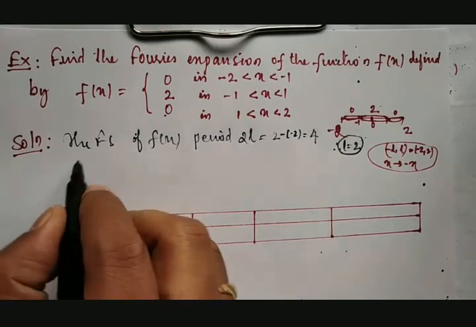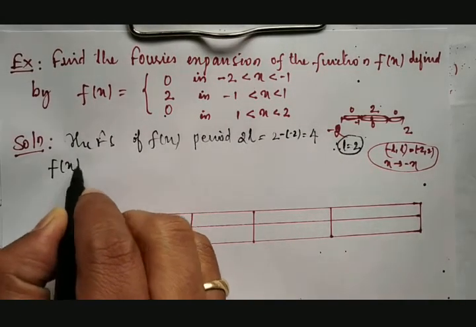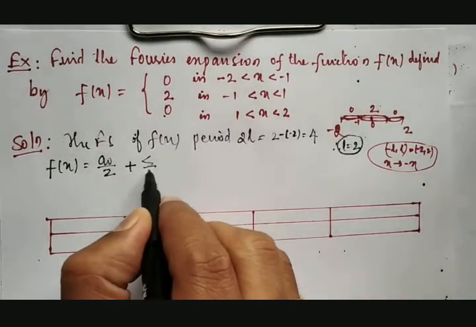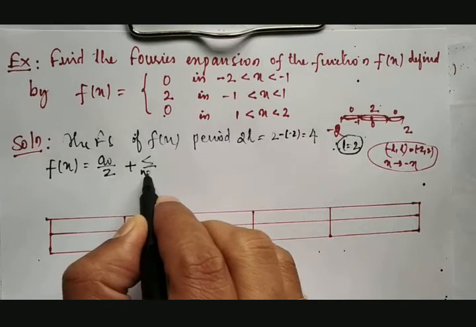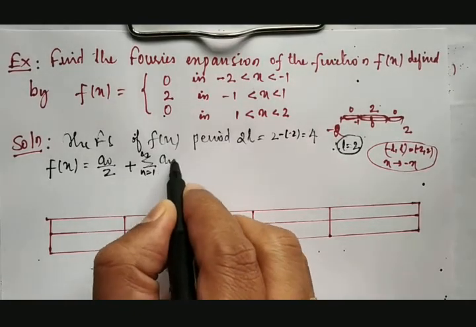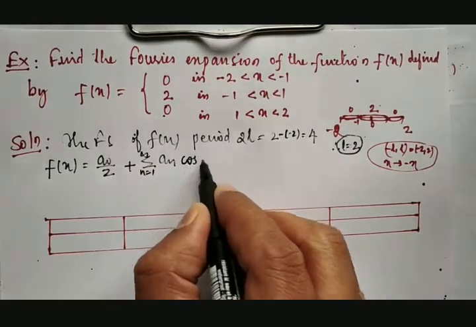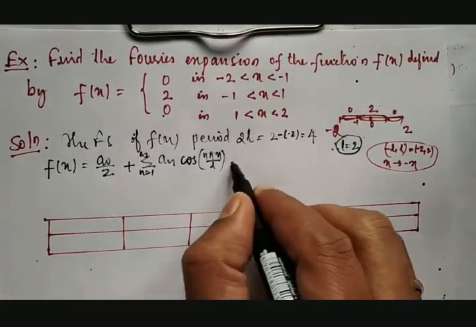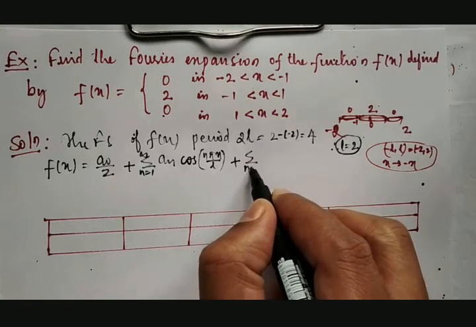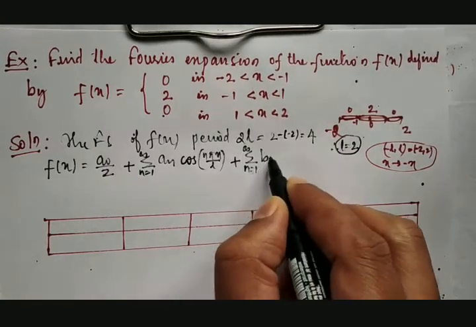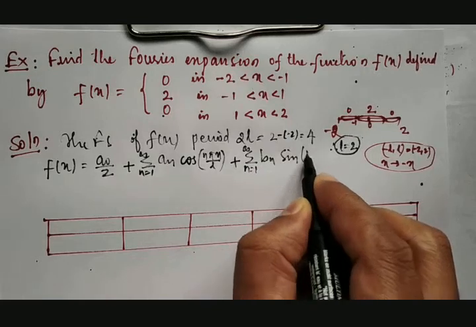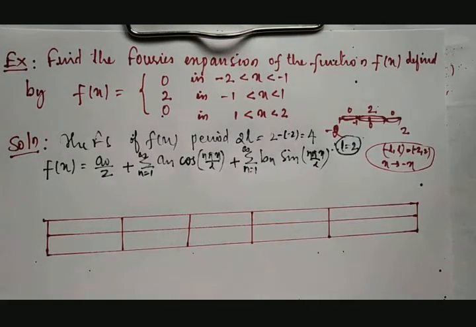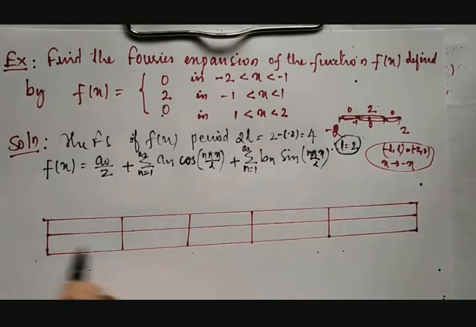Fine. Therefore, the function will be f of x = a0 by 2 plus summation from n=1 to infinity of an into cos n pi x by L plus summation from n=1 to infinity of bn into sin n pi x by L. Therefore, here L is equal to 2.